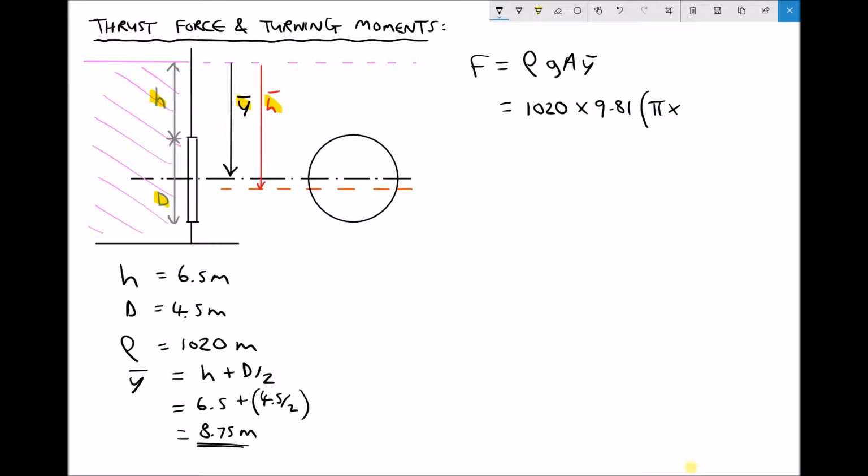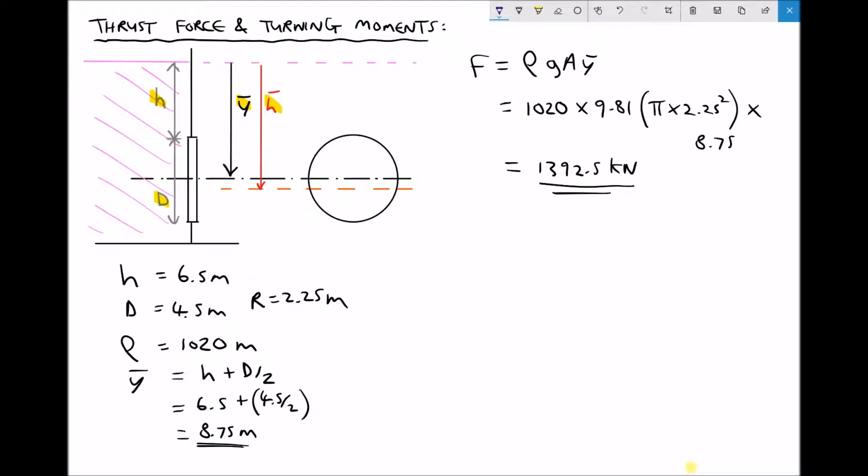Well, we have a diameter of 4.5, therefore we have a radius of 2.25, half of the diameter. So we have pi times 2.25 squared, and y bar we just calculated, 8.75, giving us a thrust force equal to 1392.5. And that's kilonewtons. I've already carried out the conversion there.